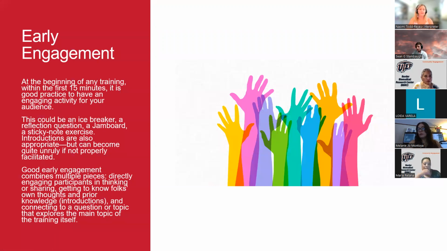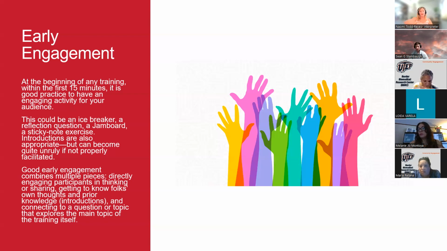So another piece of the meta is that once you've gone through your objective and your framing, and your audience knows why they're here and what they'll gain from the training session, you want to really early ask folks to engage. You want to give them the opportunity to speak or to share or to reflect independently.